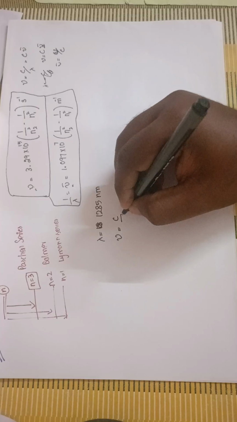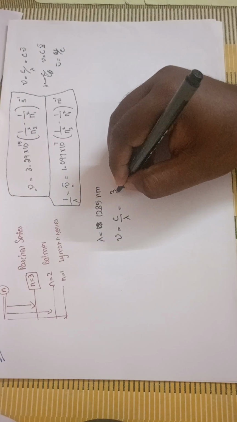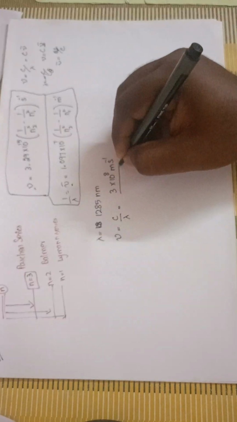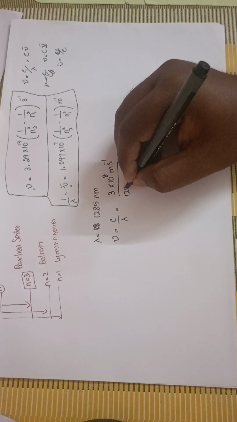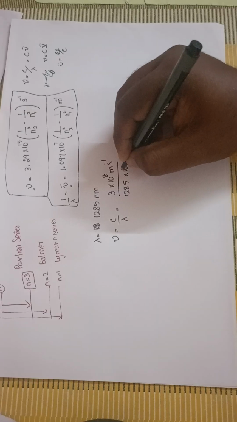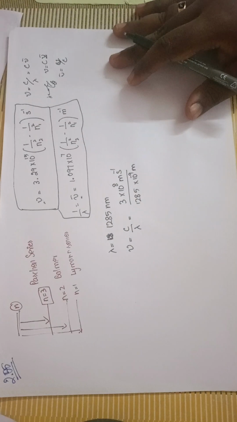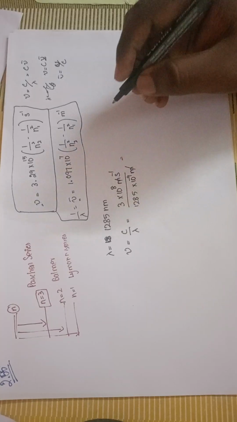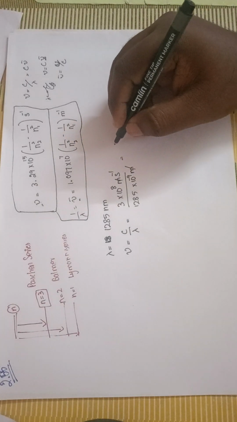What is the formula for mu? Mu equal to c by lambda. C is 3 into 10 power 8 meter per second. Lambda value is 1285 into 10 power minus 9 meter. So meter cancels. 10 power minus 9 moves up, it becomes 17.